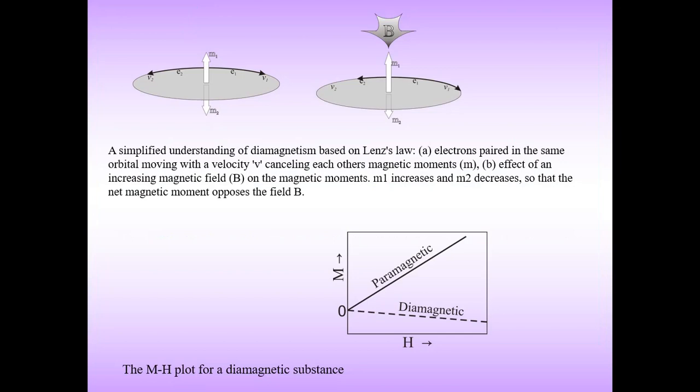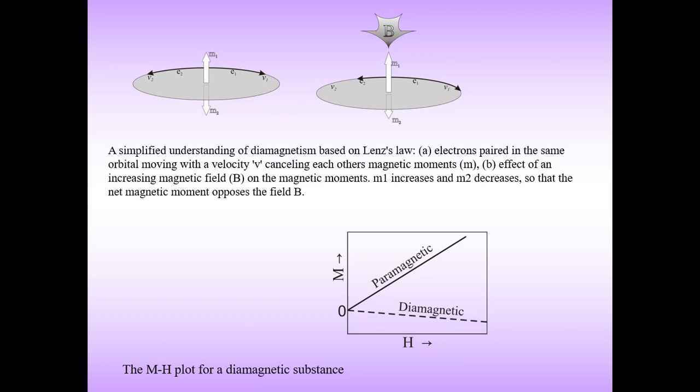Now, the simplest diamagnetic example: an electron in an atom orbiting around the nucleus possesses orbital angular momentum. These orbiting electrons are equivalent to a current carrying loop and thus possess orbital magnetic moment. Diamagnetic substances are the ones in which the resultant magnetic moment in an atom is zero when a magnetic field is applied.